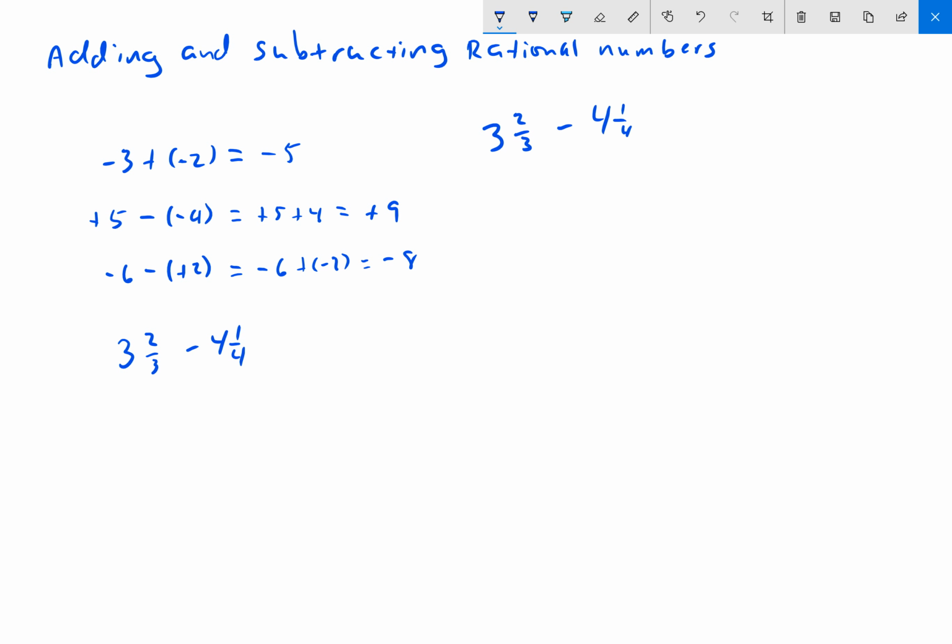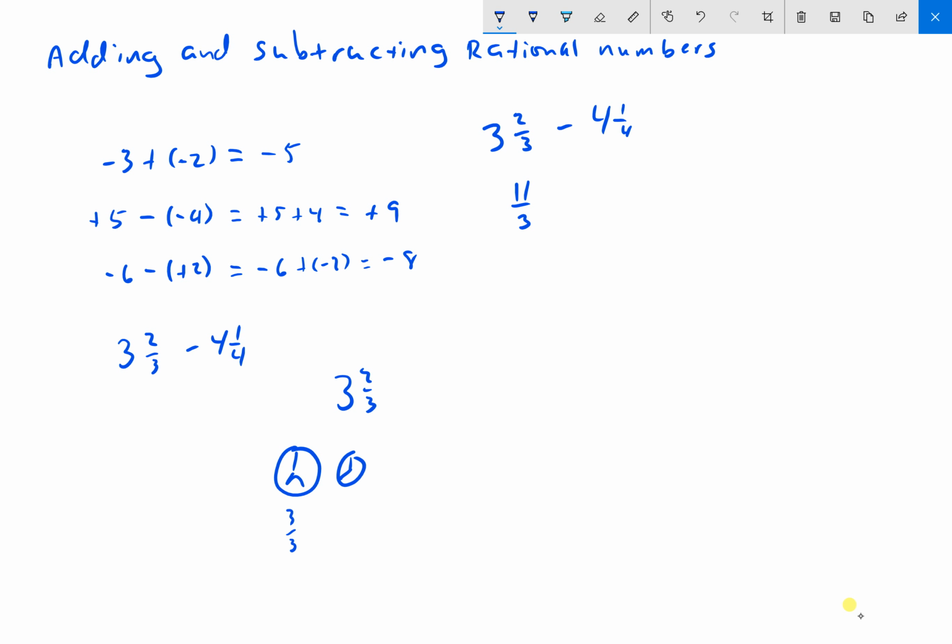Well, the easiest thing to do is just say, how many thirds do I actually have? If I have 3 2/3, I really have 3 times 3 is 9, plus 2 is 11. So I really have 11 thirds. And the reason why, in 3 2/3, I'll explain this: 1 whole is really 3/3.